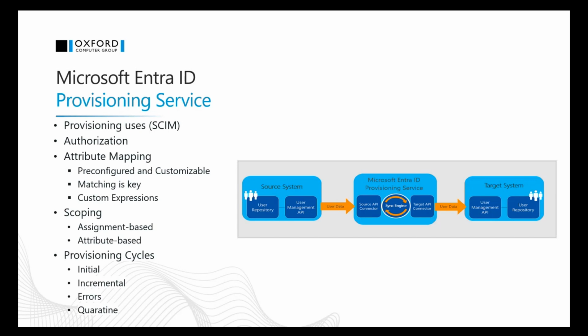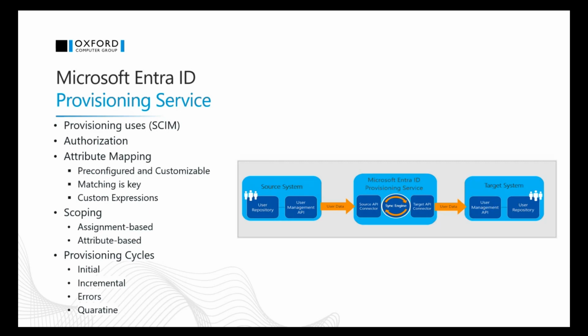And of course, this is a sync engine. It's in the cloud, and you do have provisioning cycles similar to what you have with Entra ID Connect. You do have your initial cycle, which is a full. Every time you do an initial, it is a full. Incremental, of course, after the initial is going to be an incremental. All your deltas will be synced.